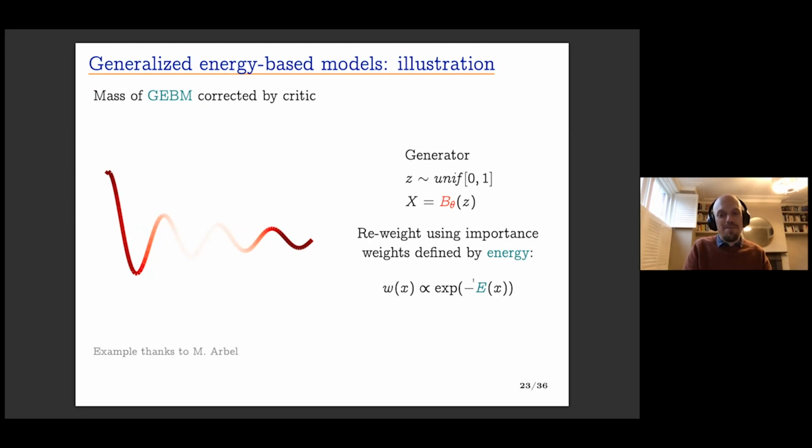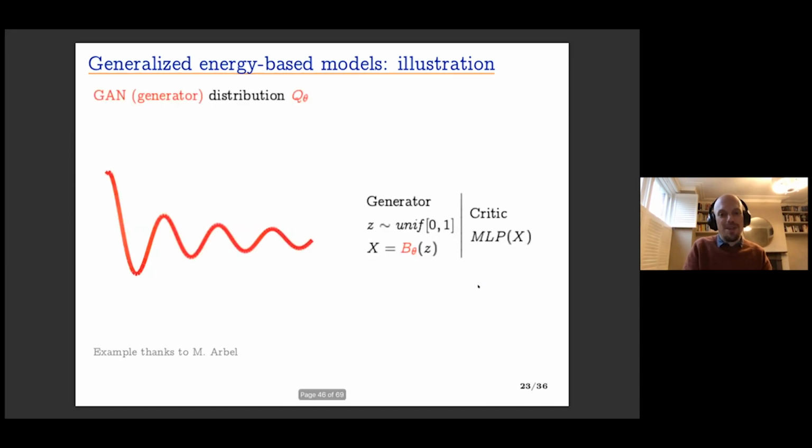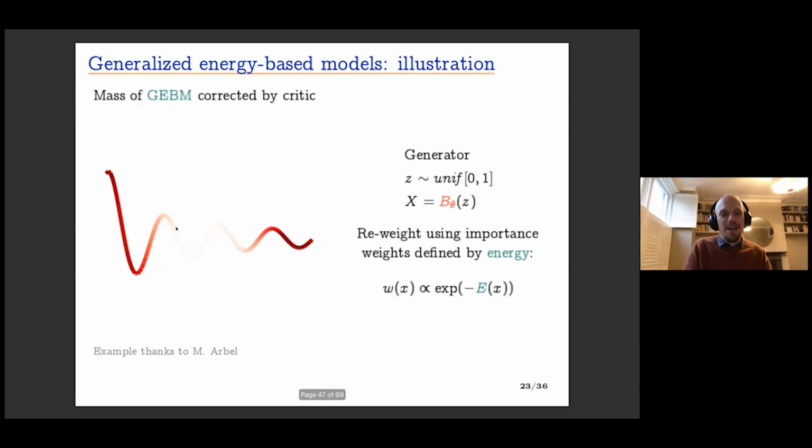So somehow I would like to learn this energy function to take the support of my GAN, which I've assumed in this example that I'm able to get correctly, but I want to then change the amount of mass placed on that support such that I place more mass at the ends as my target requires and less mass in the middle. And a generalized energy-based model is going to use the critic function to achieve that reweighting.